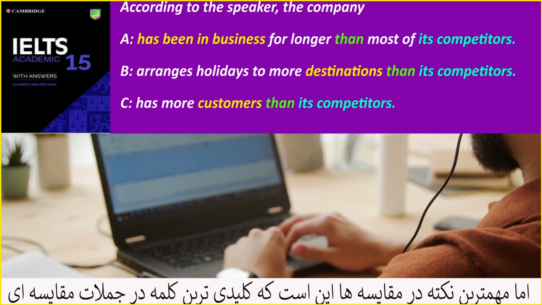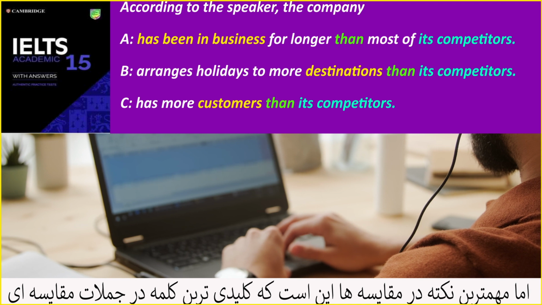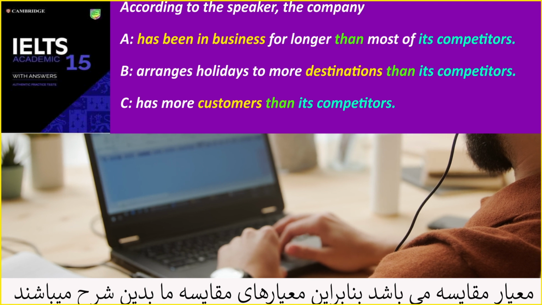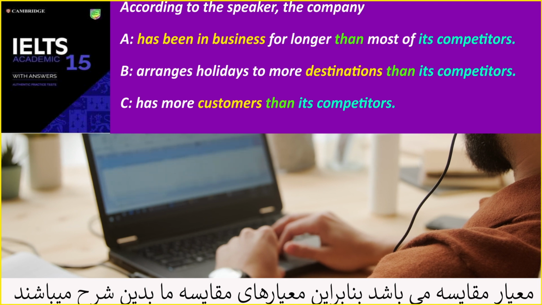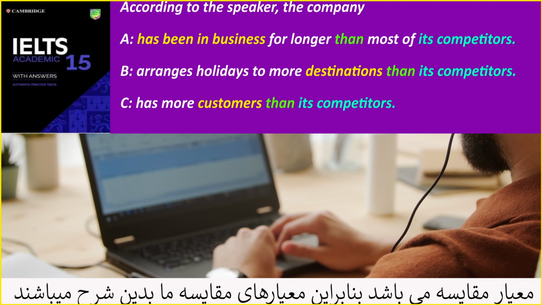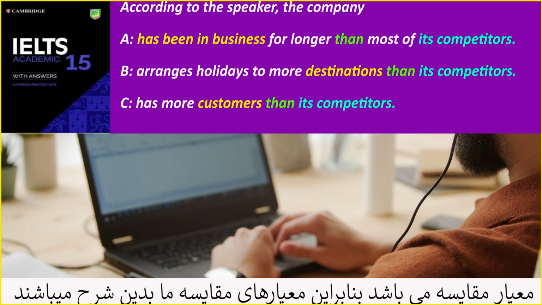But the most important point you need to know is, in comparisons, the most important keyword is the criterion of comparison. So for option A, the criterion of comparison is the time they have been in business. For option B, the number of destinations is the criterion of comparison. And for option C, the number of customers.